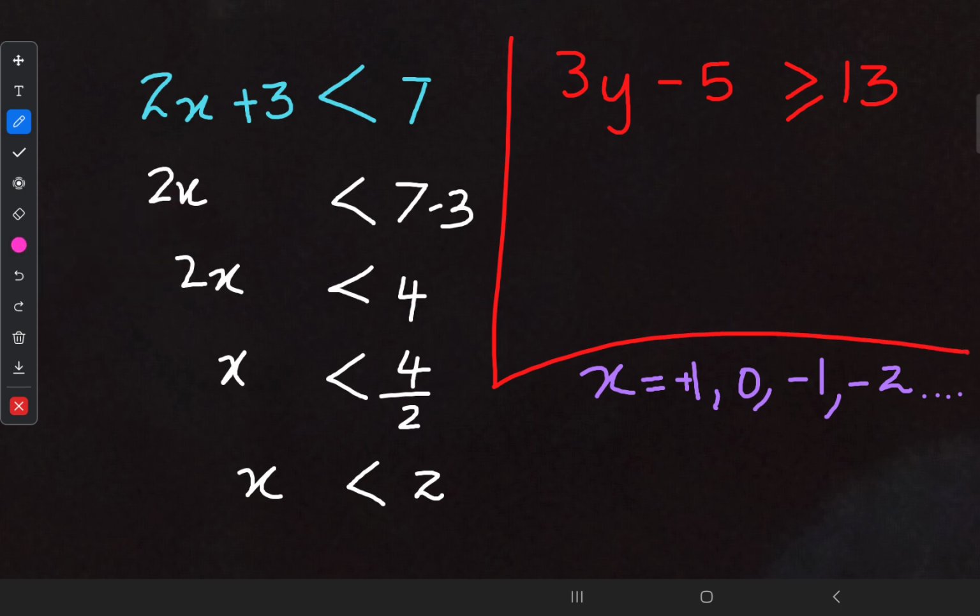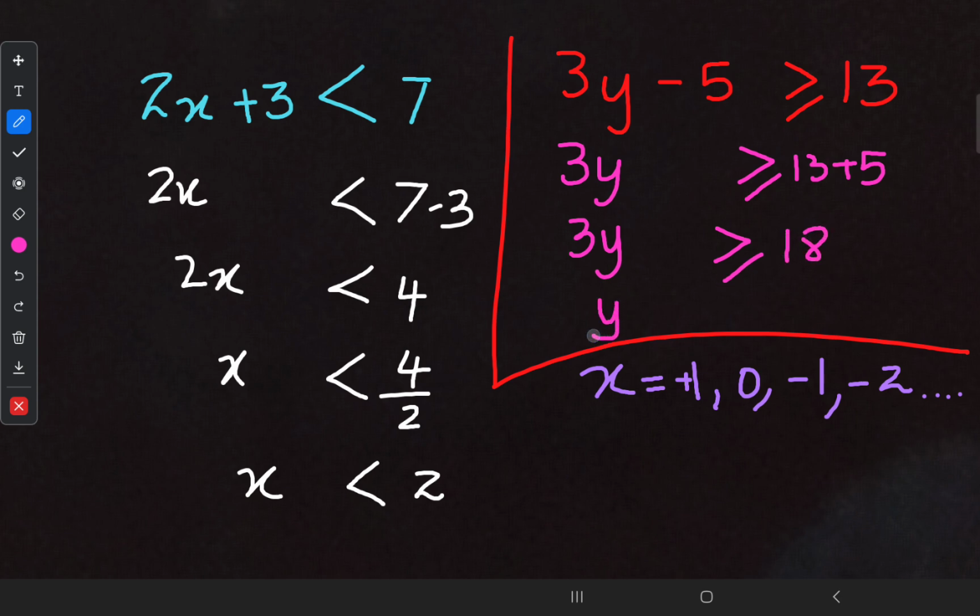Similar to our equation, we can do 3y. Then the negative 5 will become a positive value. So 3y ≥ 18. Then we have to divide this by 3.